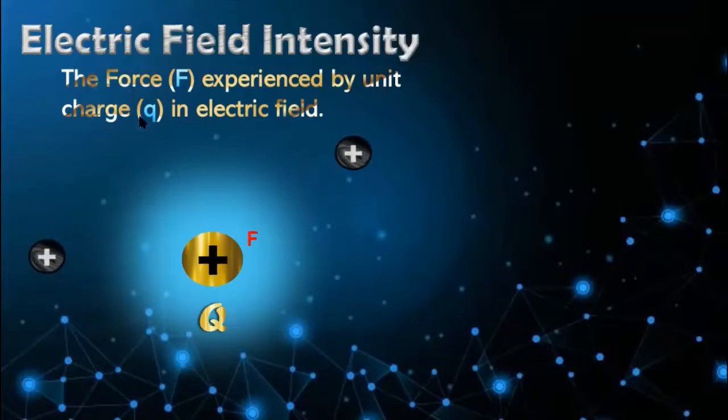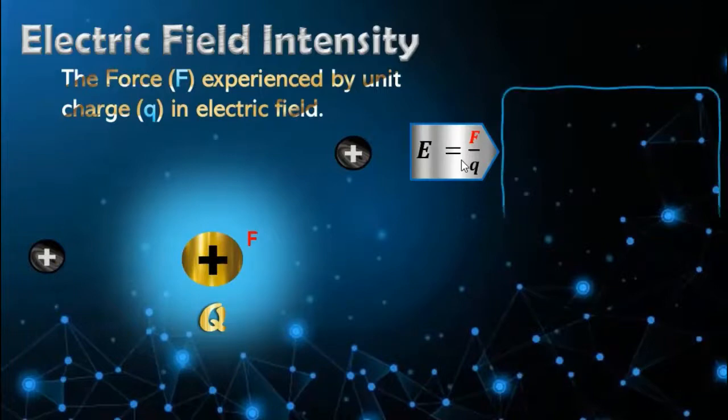Now, for us to identify how strong the electric field is, or the force experienced by this test charge in the electric field, we are going to use this formula. E is equal to F, force, over q, test charge. Small q is test charge, capital letter Q is represented as source charge. Now, if we are asked to compute the electric field intensity and the force is unknown, we could derive this formula.